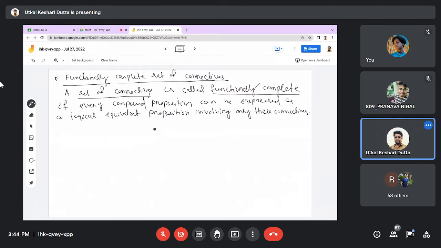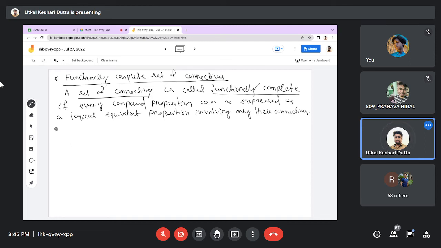That means if a set contains one or two or three connectives, then for every compound proposition you will find a logical equivalent proposition expressed using only the connectives that are in the set.